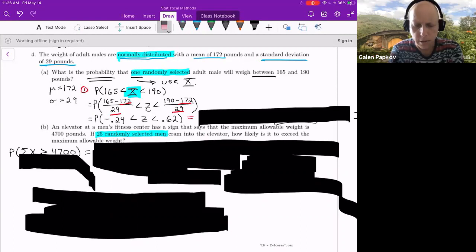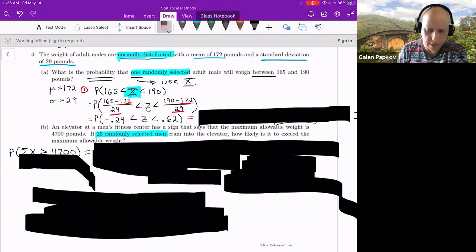And so the probability statement here is the probability that the sum of X is greater than 4,700. Now that's new. We haven't seen that yet, but we know that if you were to divide the sum by n, the number of values that you had, you'd have a mean.